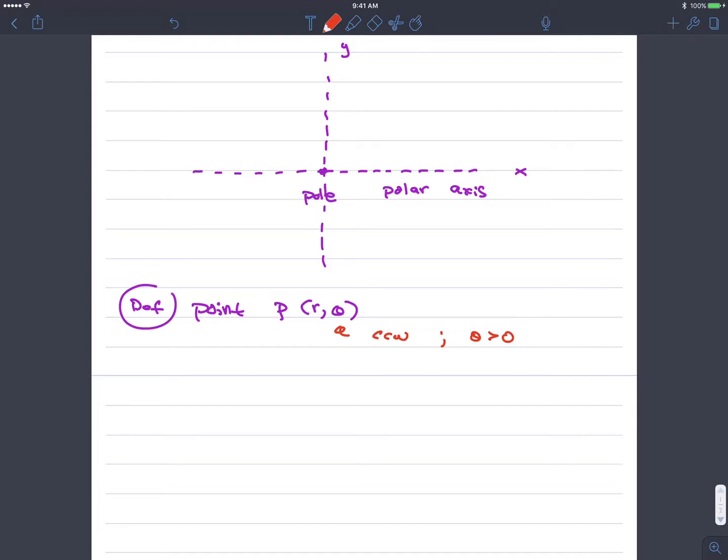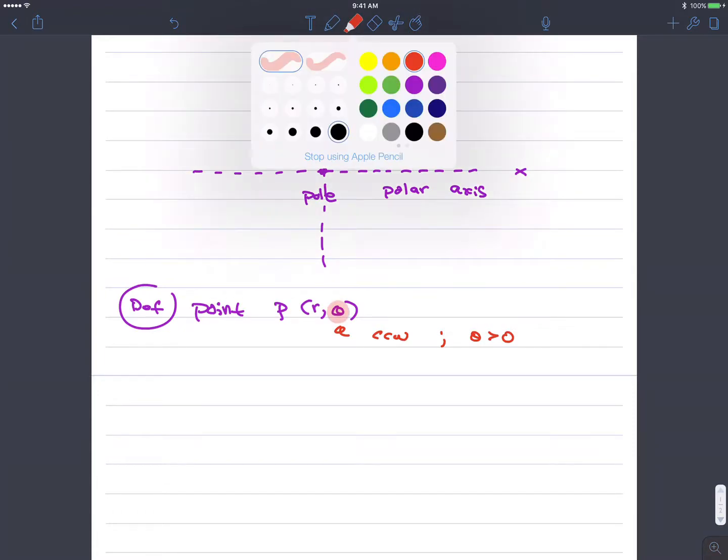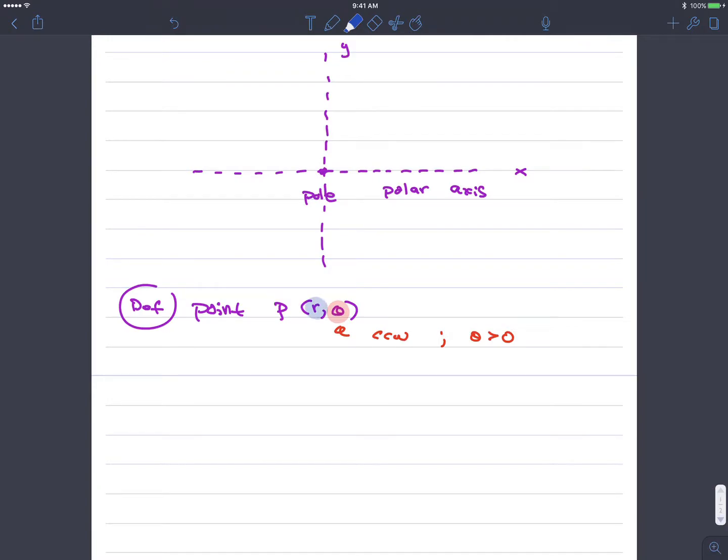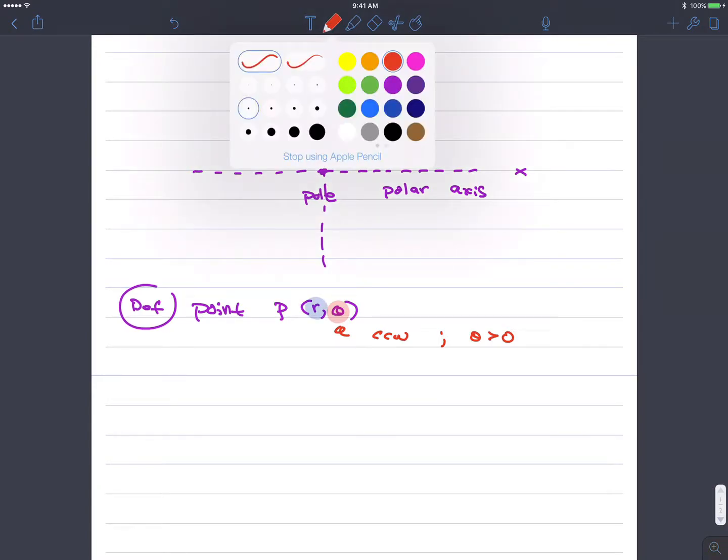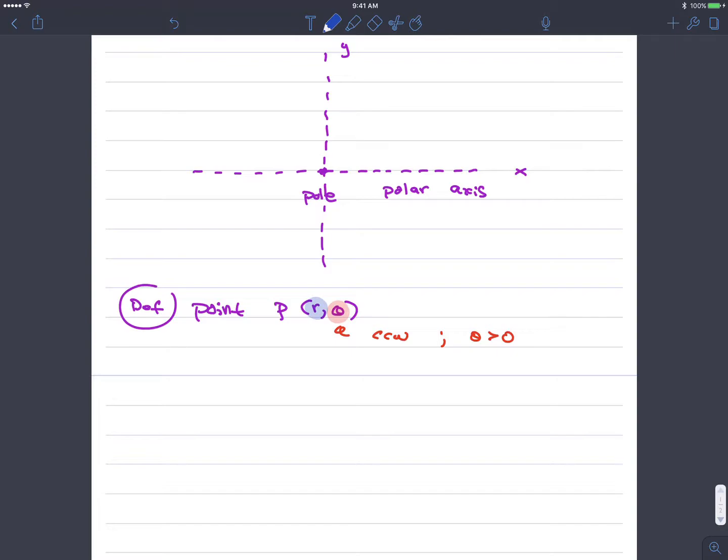So I need an angle theta. This is what this theta represents. And we also need a value called r. Anybody know what r might represent? R represents a radius. And this is the definition of a point in polar form.